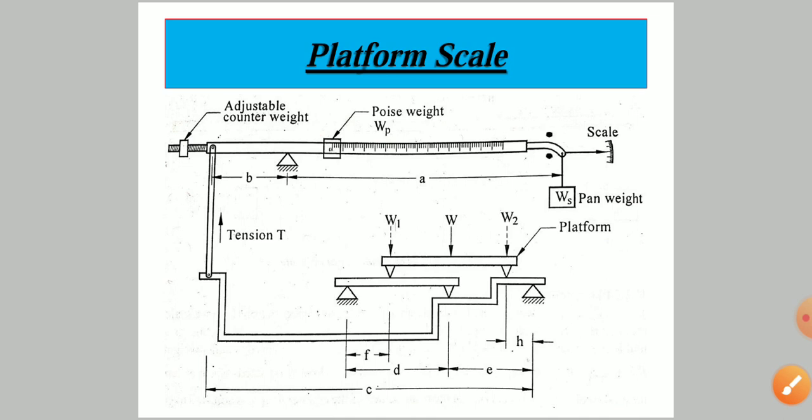Now, for simplification of analysis, it is assumed that W is divided into two parts, W1 and W2. With WP set to the 0 position, we check the equilibrium of the arm balance.